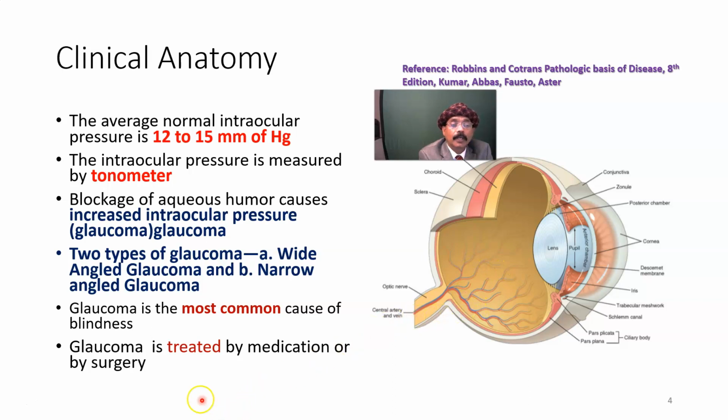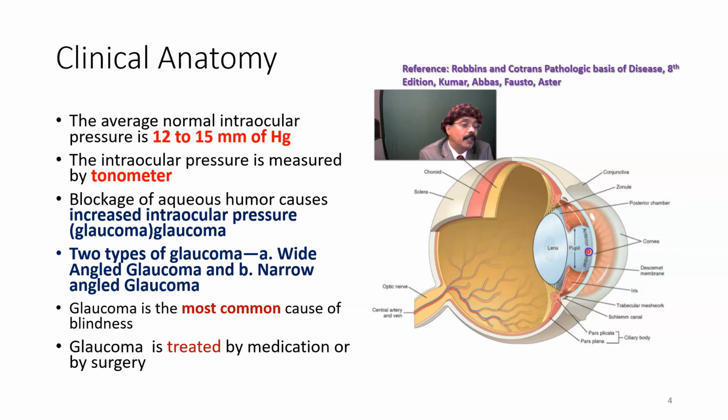So let us summarize. It is formed in the ciliary process from the epithelial cells actively. We have also some ascorbic acid, citric acid, glucose. These are also transported across the epithelial cell by either facilitated diffusion or active transportation. So from the posterior chamber, the ciliary process, it goes over the lens, goes to the pupil.